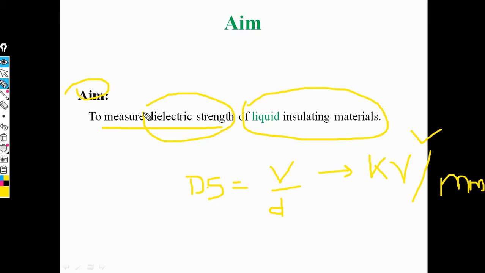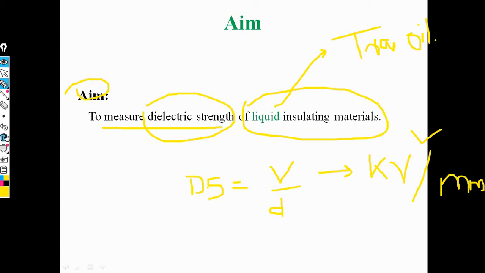Which insulating material is used in this activity? We have used liquid, and the example is transformer oil. This activity is the case study of liquid insulating material.